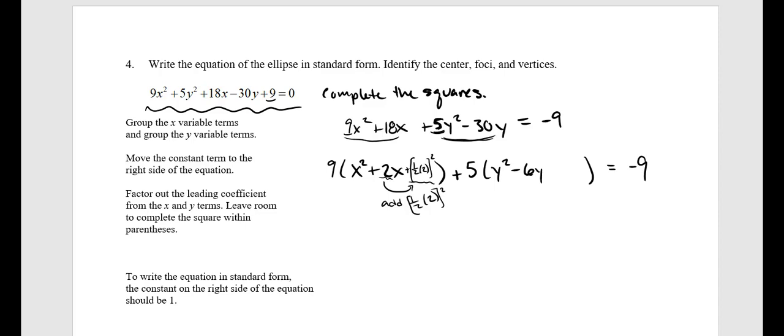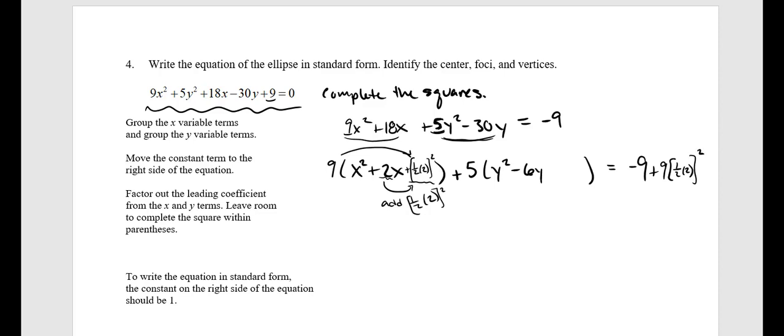We've added 1/2 of 2 quantity squared inside the parentheses, but if you distributed this 9, that's actually 9 times this quantity that we actually added to the left-hand side of the equation. So we better add 9 times that quantity to this side as well to balance the equation.